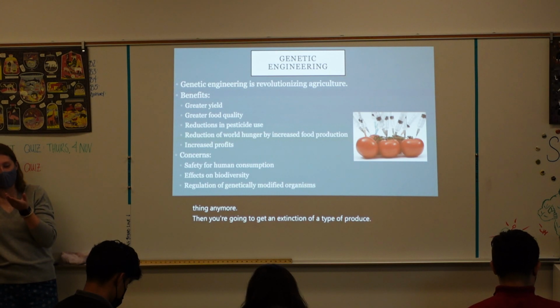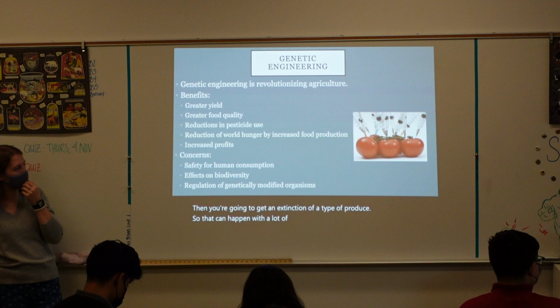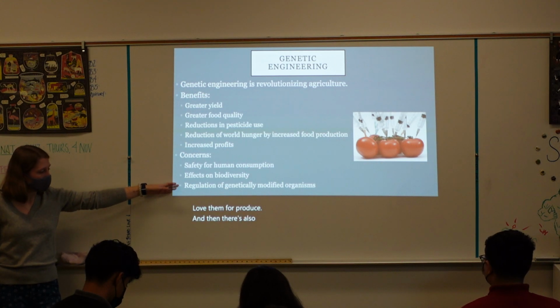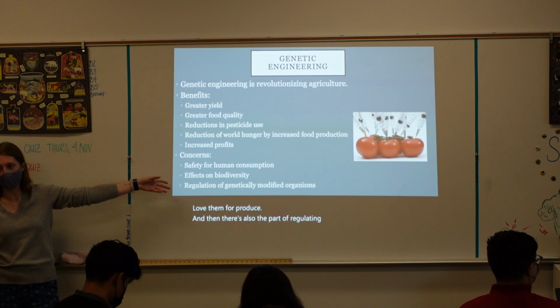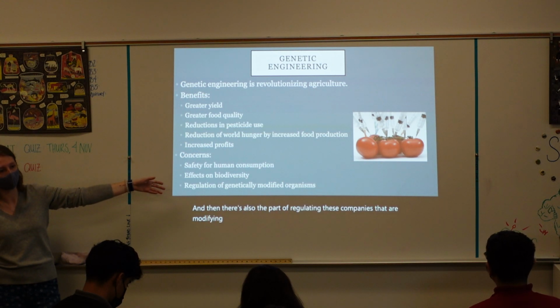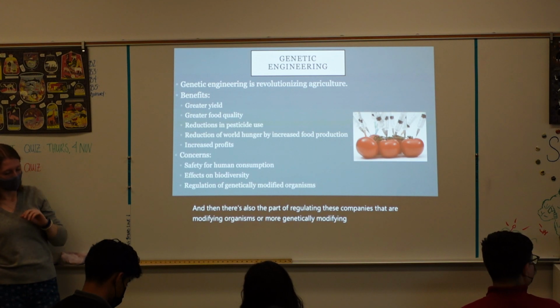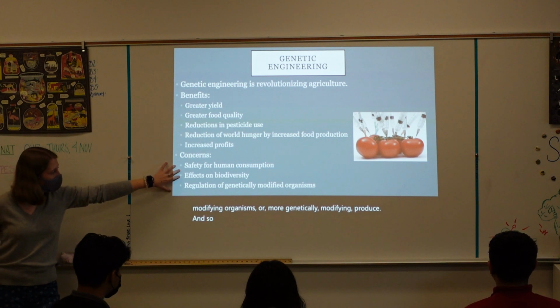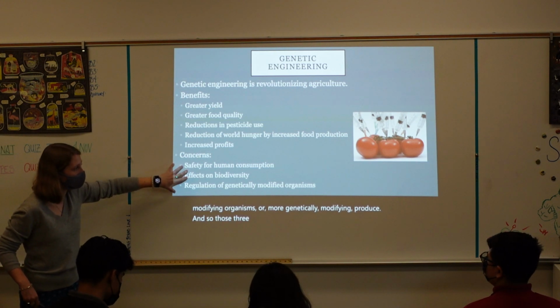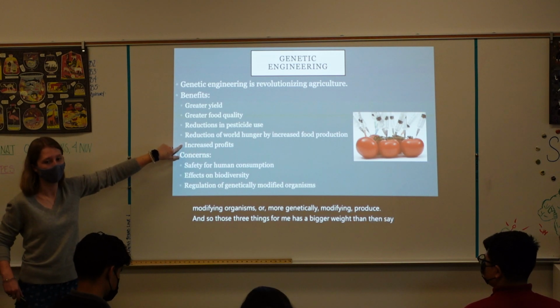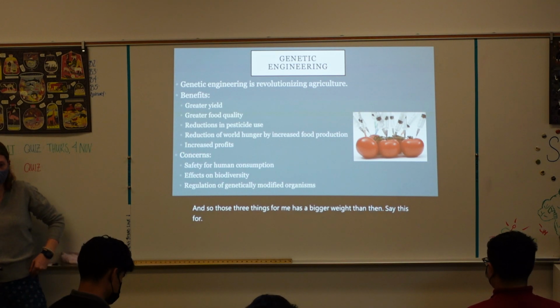So that can happen with a lot of different organisms, a lot of different produce. And then there's also the part of regulating these companies that are genetically modifying produce. And so those three things, for me, have a bigger weight than the increased profits.